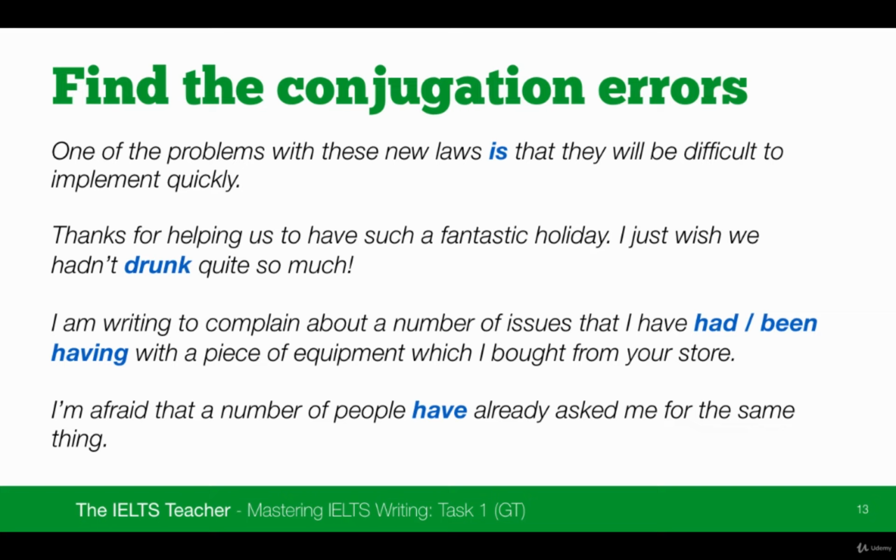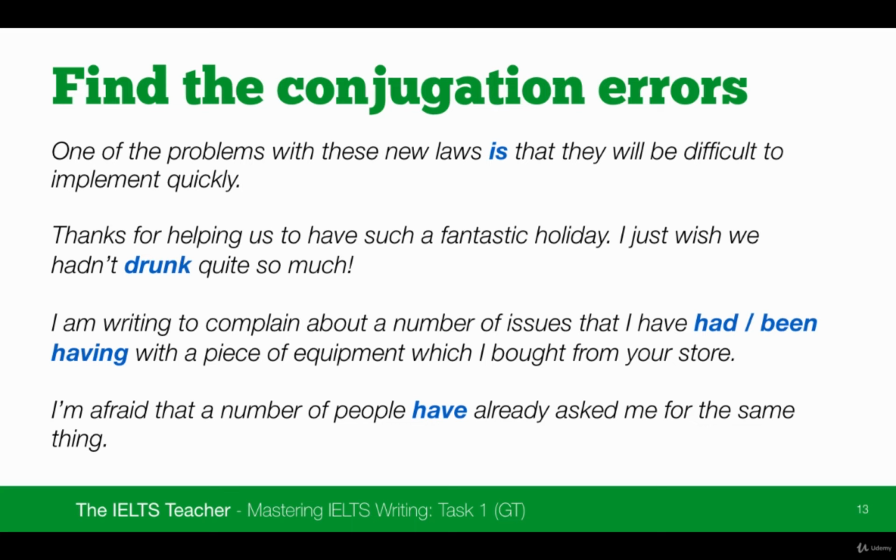And the final one, I'm afraid that a number of people have already asked me for the same thing. Now, some people get quite confused around the word number, a number, the number, not sure what to use here. Should it be has, should it be have, should it be singular, should it be plural? Now, this really depends on what the subject is trying to communicate, what the subject really is.